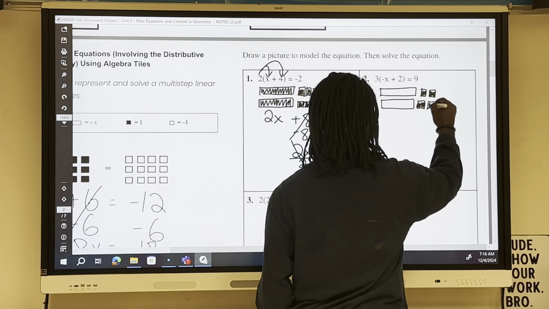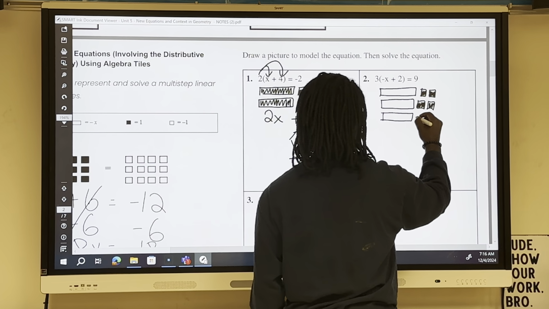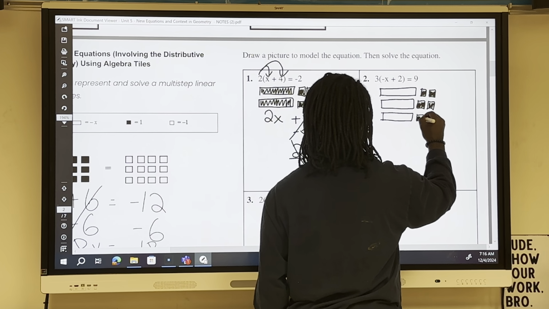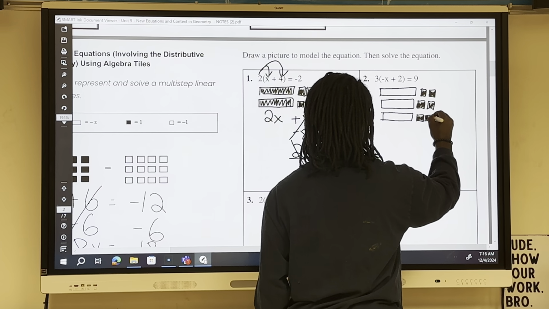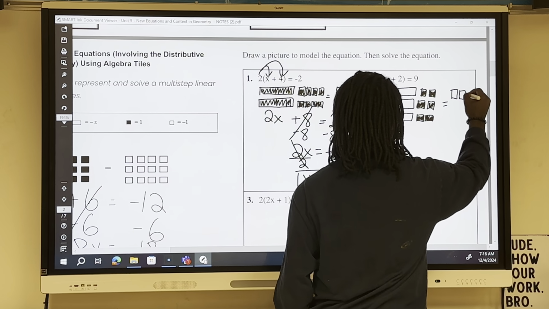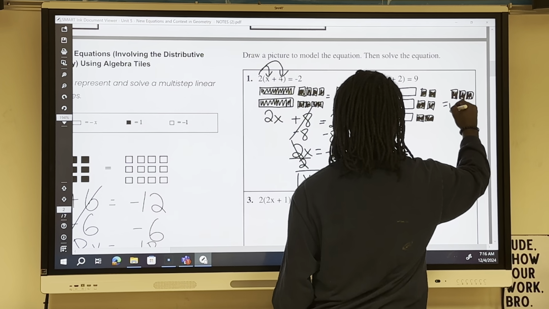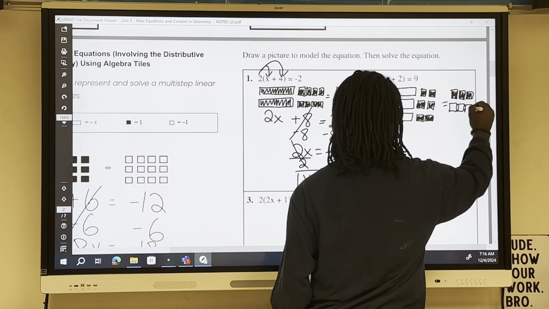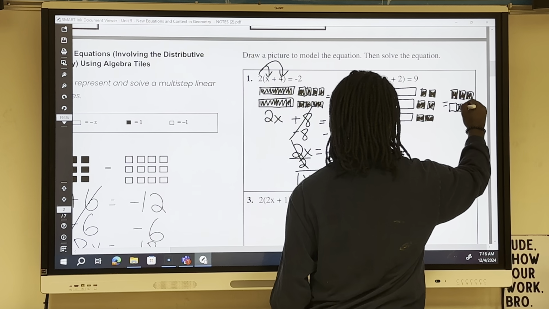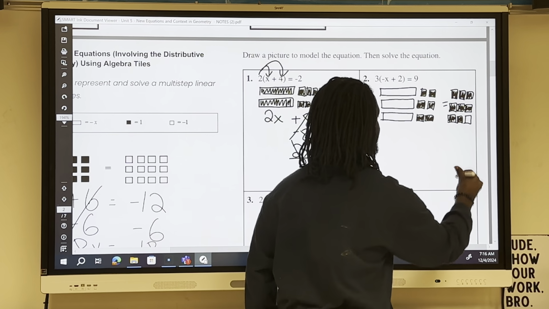Positive 2, right? Another group of an x, -x, okay, equals 9. These are all positive. And that's 9.